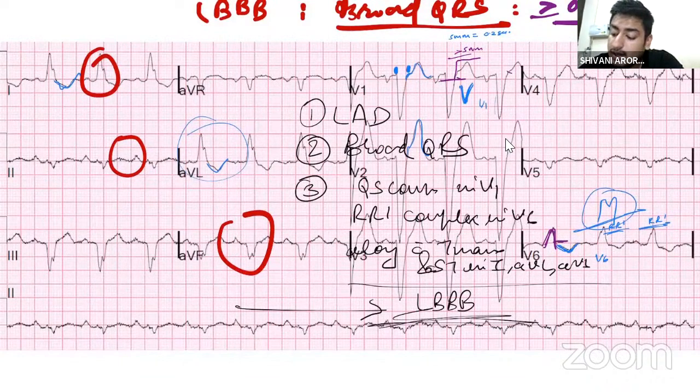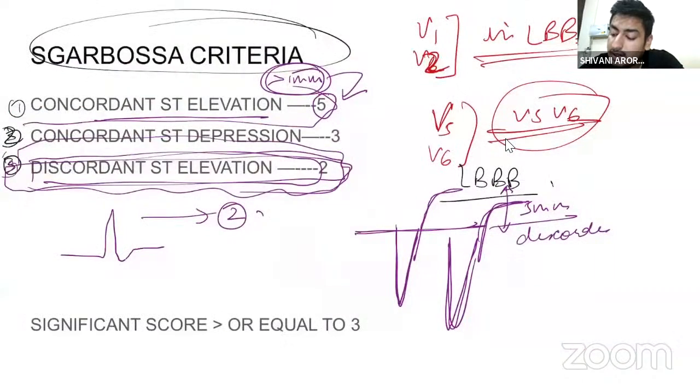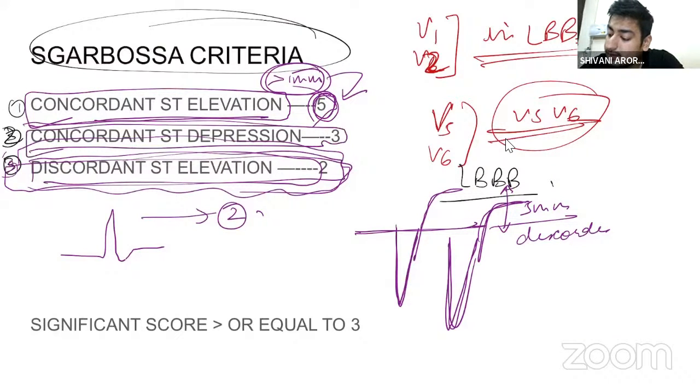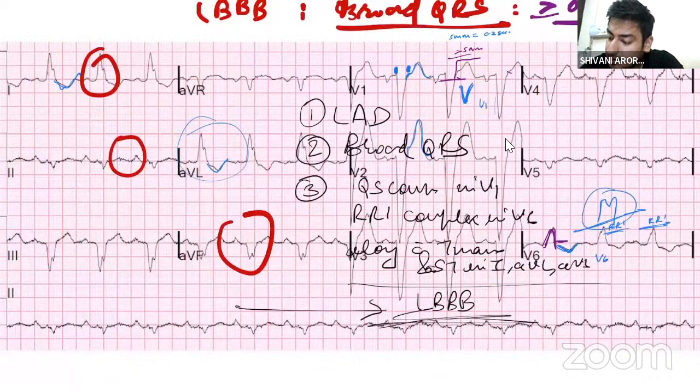Now the third point is concordant ST depression of 1 mm, and we give it a score of 3. Suppose we have this negative QRS in V1, V2 and V3. So if in lead V1, V2 or V3 there is ST depression of more than or equal to 1 mm, then it is known as concordant ST depression.